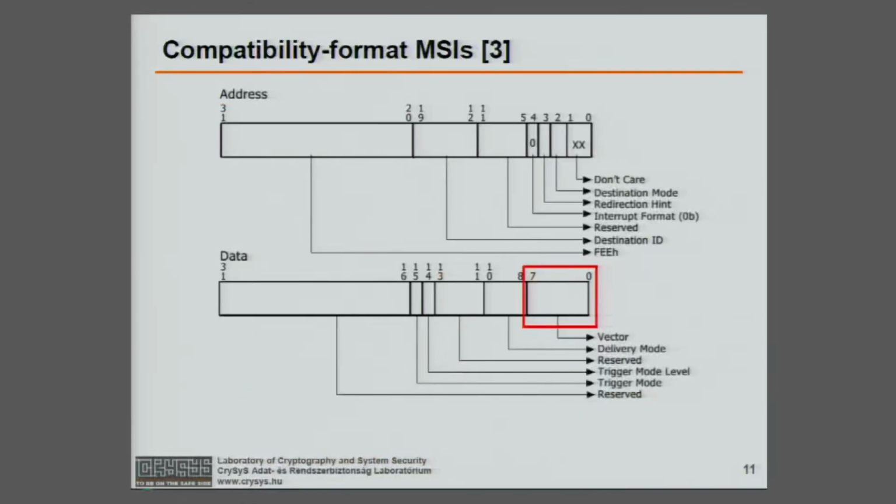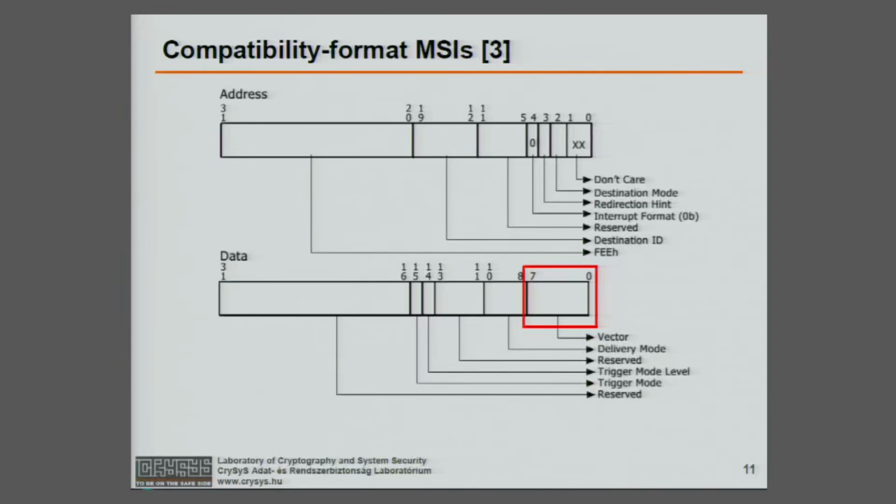Originally, message signaled interrupts were introduced by Intel as follows. You have to specify the address where the DMA write operation should happen. And this is initialized with 0xFEE, if you look at the address field. And there is a vector field as well in the MSI data field.